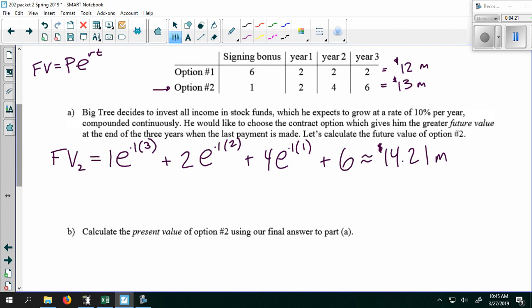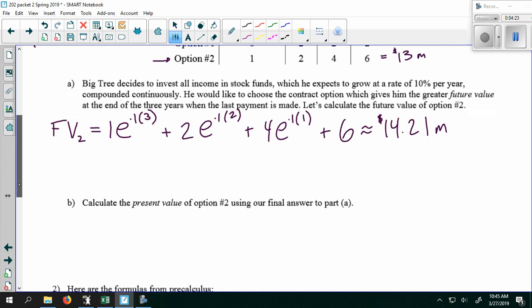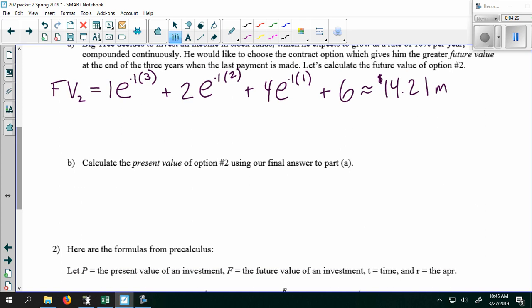All right, so I want to calculate the present value of option 2 using our final answer to part A. So if we know that the future value of the money is $14.2 million, how much would they have to pay him today so that he could have $14.2 million 3 years from now? So we're going to use the same formula.